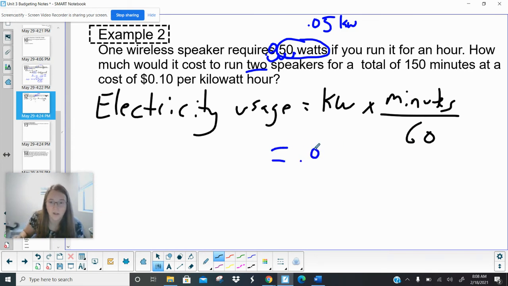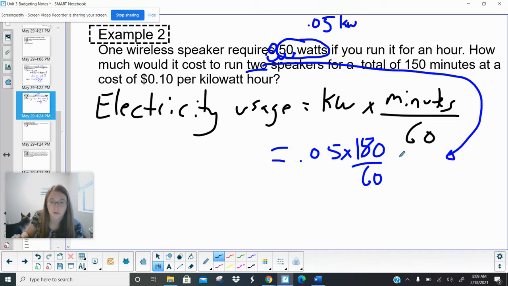Okay, so our kilowatts is 0.05. Our minutes is 150 divided by 60. Now, I'm going to go ahead and do this right now just so I don't forget, but this is for one speaker and we need 2 speakers. So I'm going to go ahead and multiply this by 2 as well. You can multiply by 2 later in the question.